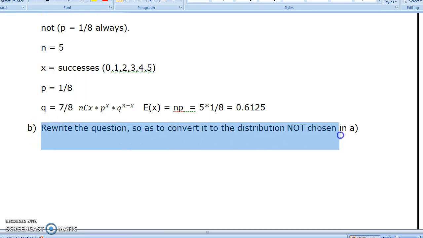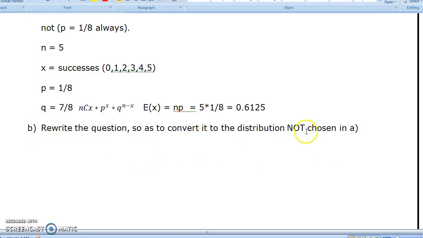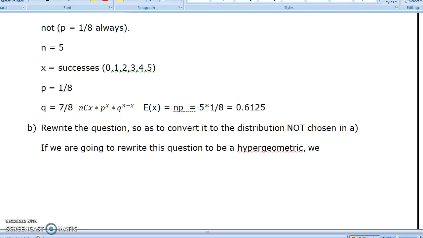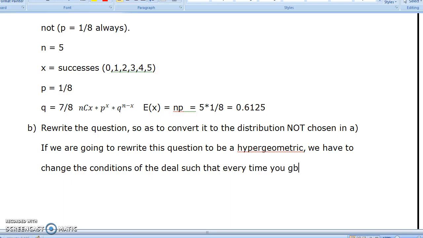Now, rewrite the question so as to convert it into the distribution not chosen in A. If we are going to rewrite this question to be a hypergeometric, we have to change the conditions of the deal such that every time you buy a hamburger, your probability of winning changes.